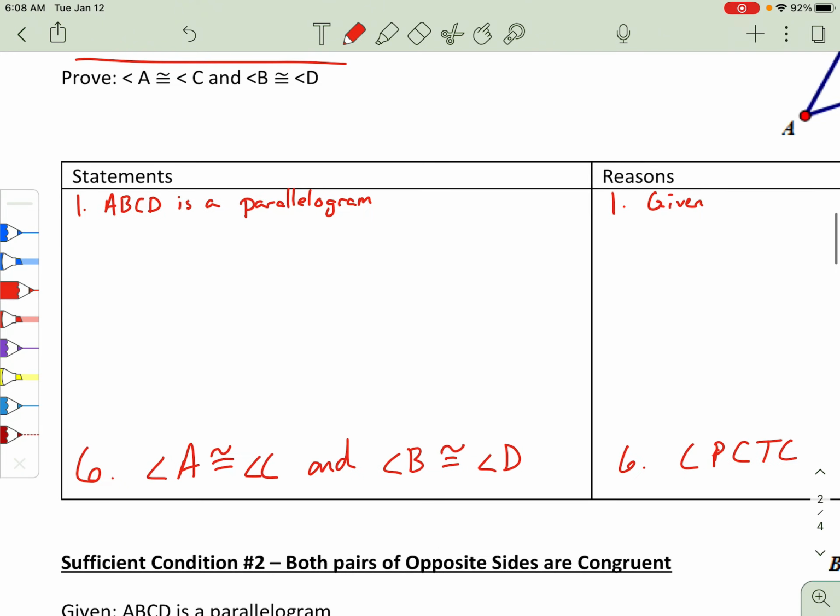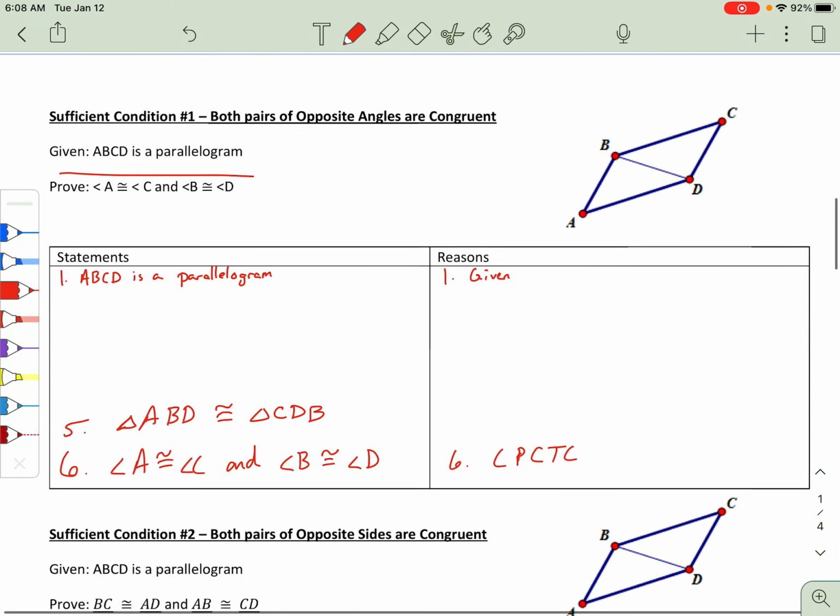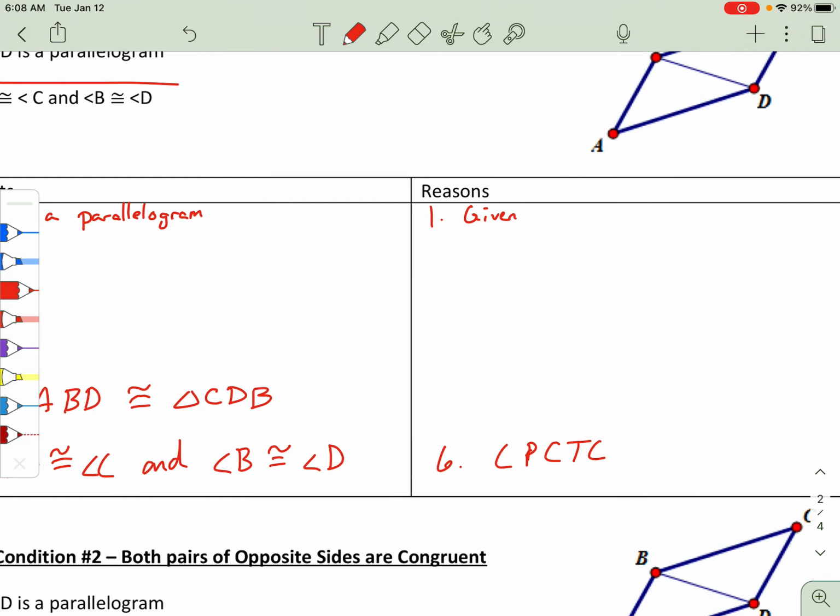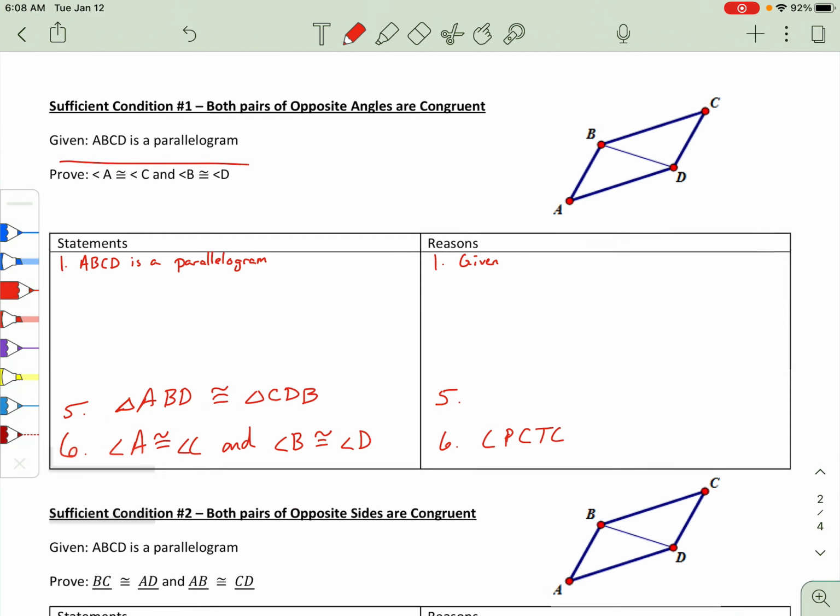Okay, so working backwards, we know the step before that is going to be that the 2 triangles are congruent. So triangle ABD is congruent to triangle CDB, which is up here. So ADB, CBD, and then we just have to figure out why.